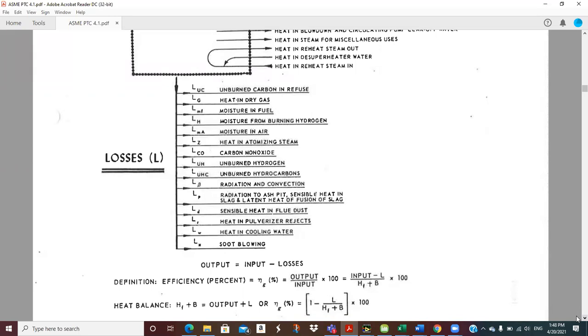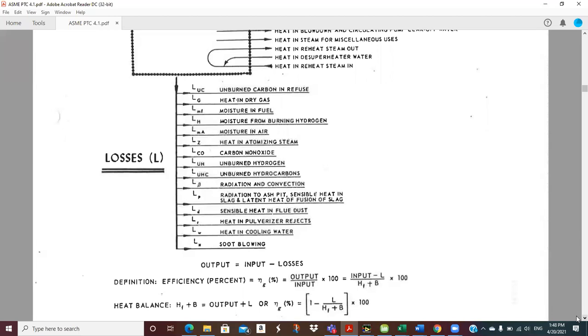They call those pulverizer rejects, basically rocks and stuff that fall out. And of course, I've got hot air being supplied up into those pulverizers to transport the coal particles into the burners. So those things get hot and then they fall out and take sensible energy with them.